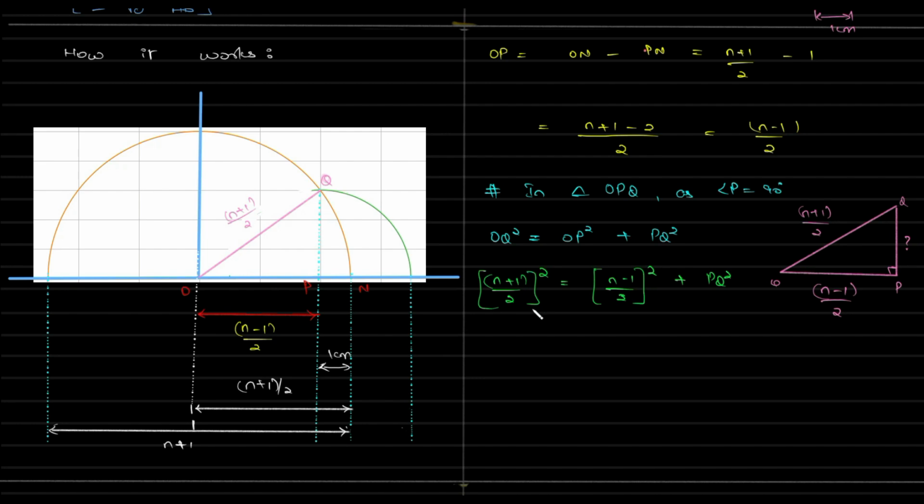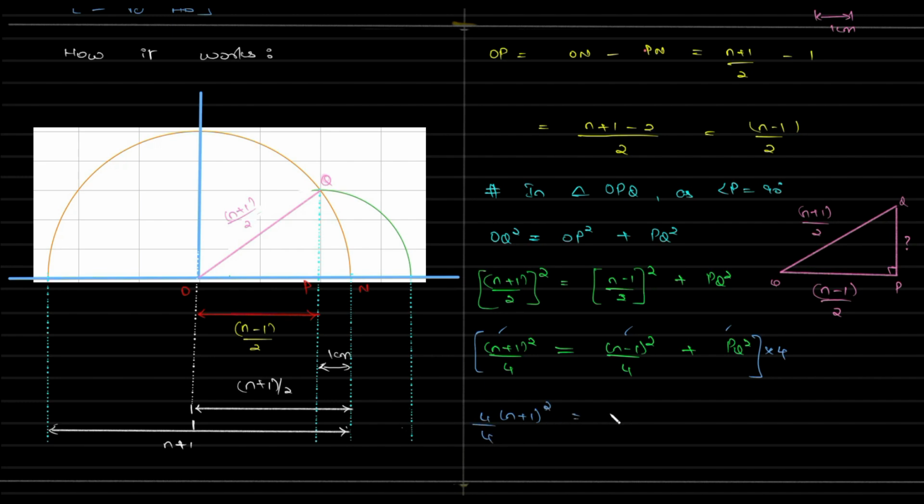Now we use our exponent formula: (numerator square) by (denominator square). See, we need to ease this calculation. For that sake, I'm multiplying with 4. I'm multiplying all the terms by 4. There are 1, 2, 3 terms, so each term I'm multiplying.